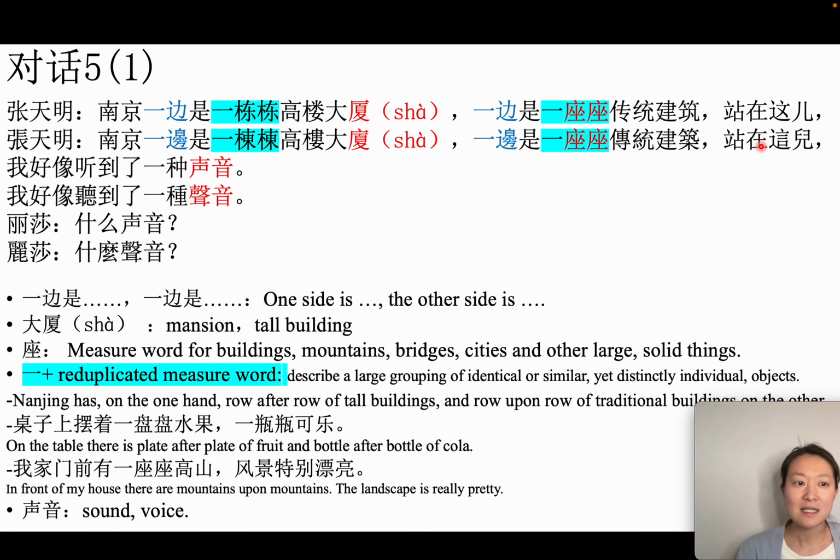好，站在这儿, standing here. 我好像听到了一种声音. It seems like I heard a sound. 种 is a measure word, meaning one kind.